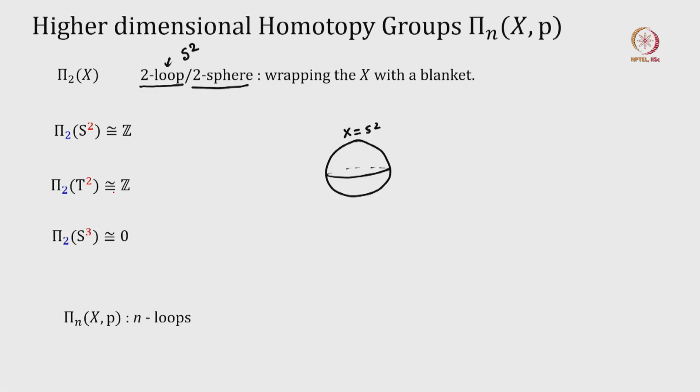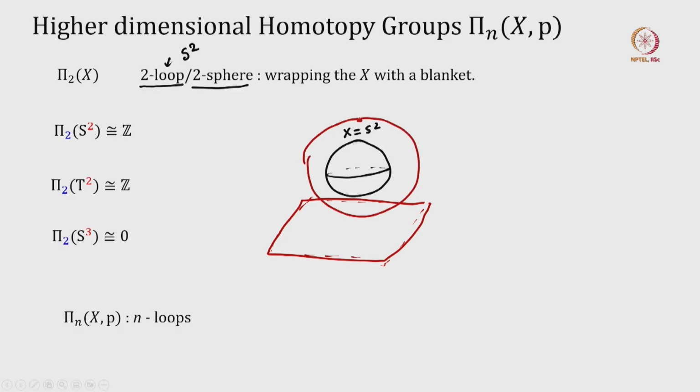This is much like making a blanket and wrapping it. So, let us say I have some blanket, and then I take all these points and put them together and wrap it around. Okay. It is like making a momo.